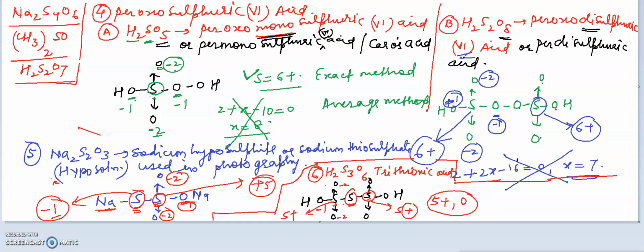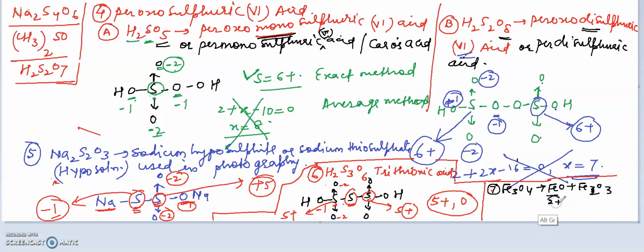Now there is one more compound, Fe3O4. In Fe3O4, Fe is 2 plus and 3 plus charged because it is made of 2 oxides, FeO and Fe2O3.